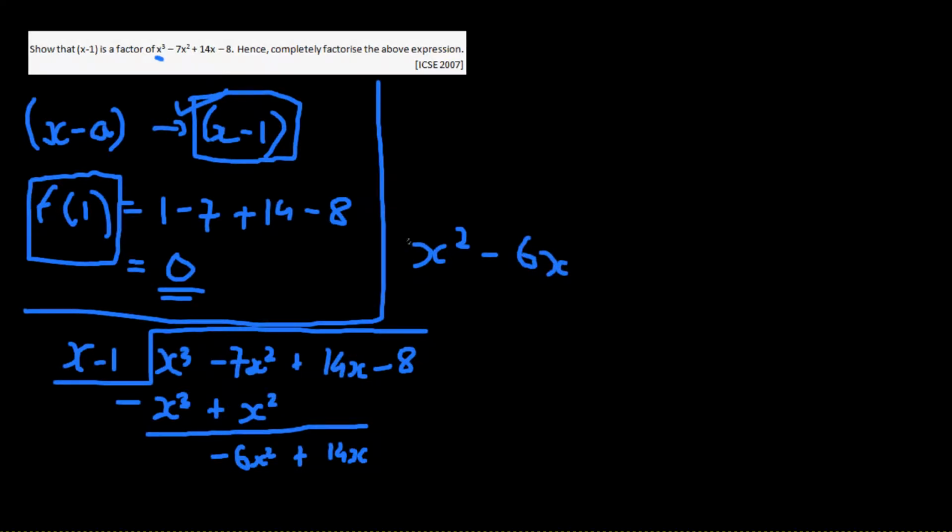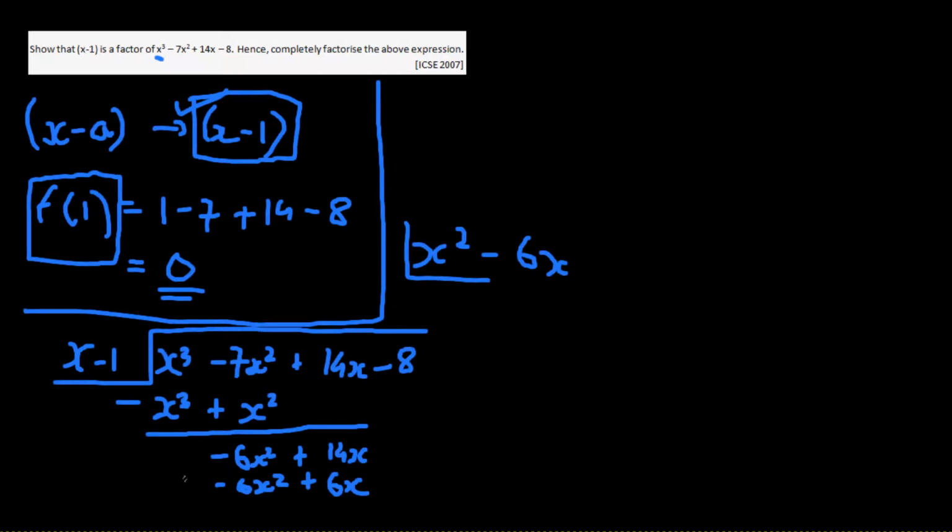So minus 6x squared. And then you multiply the minus 1 also by minus 6x. So you get minus 6x. Okay, so sorry, this will be a plus 6x. Yeah, so now you do a minus again.